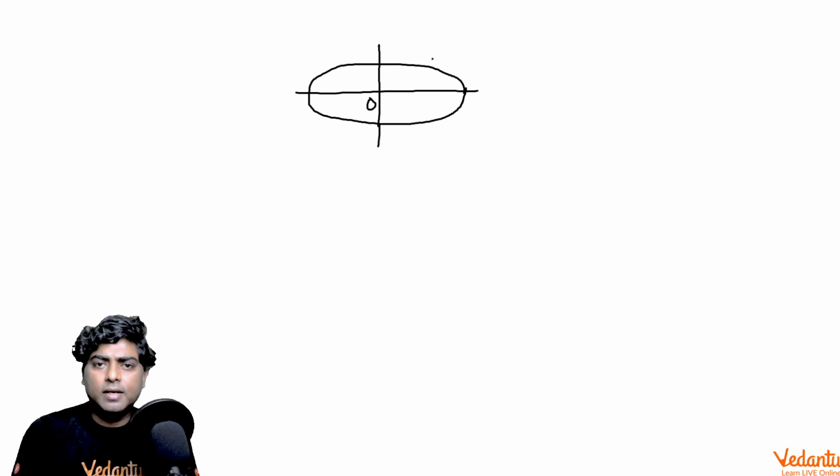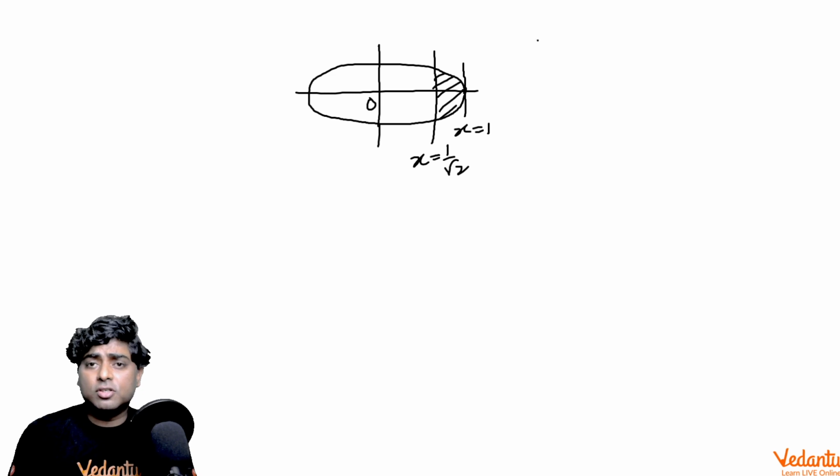So it is like x equal to 1/√2, x equal to 1. We have to find this area, and the equation of the ellipse was x square plus y square by 1/2 is equal to 1.